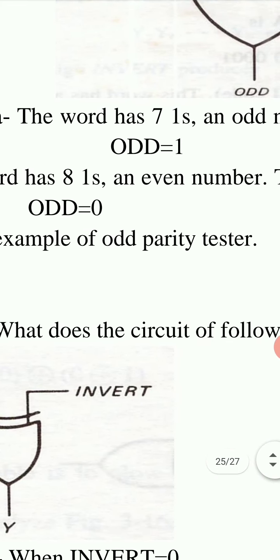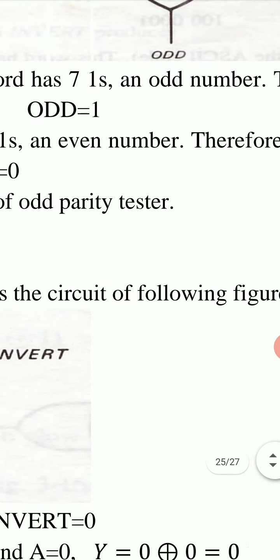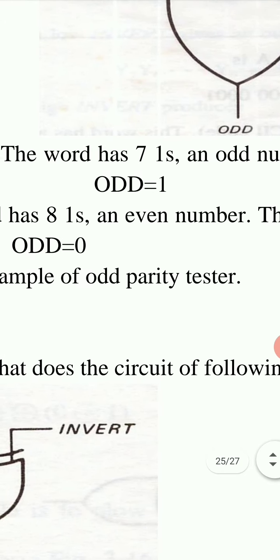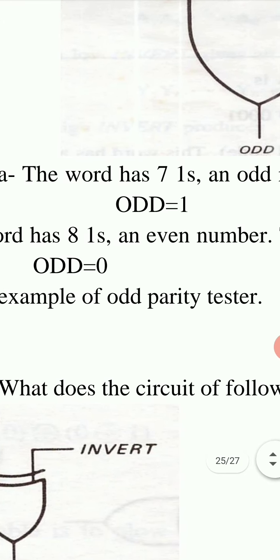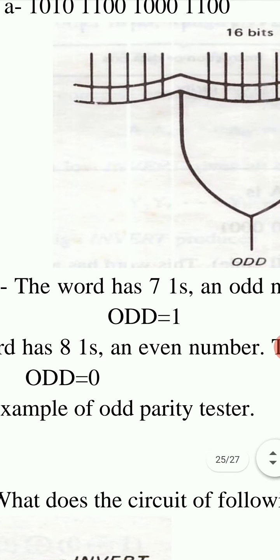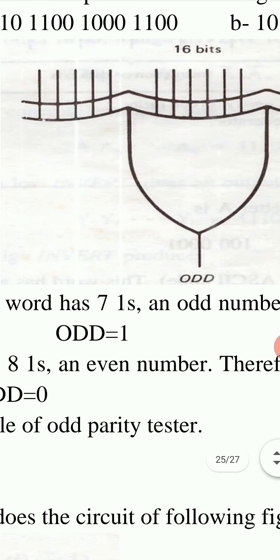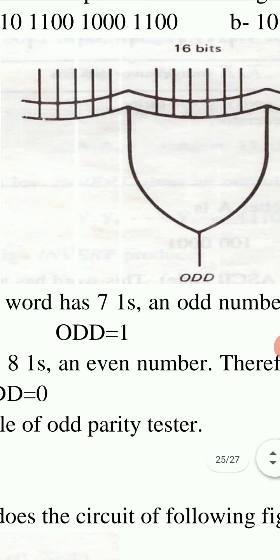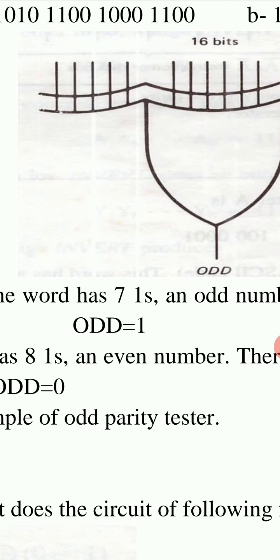This is an example of odd parity tester. We can test whether parity of input word is odd or even. If parity of input word is odd, then output is 1, and if parity of input word is even, then output of this exclusive OR gate will be 0.